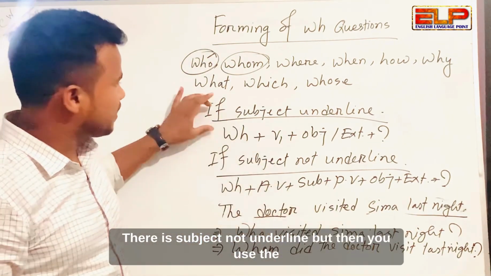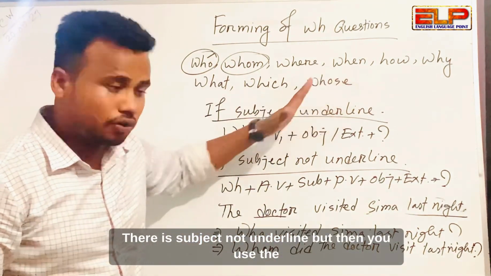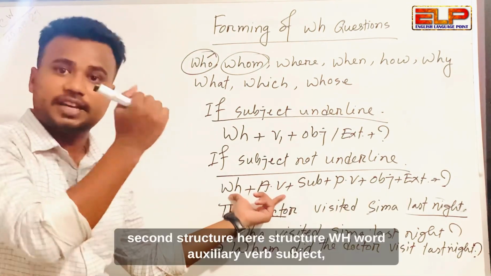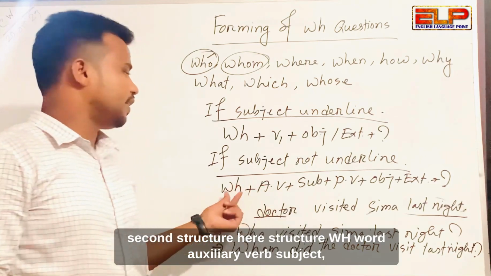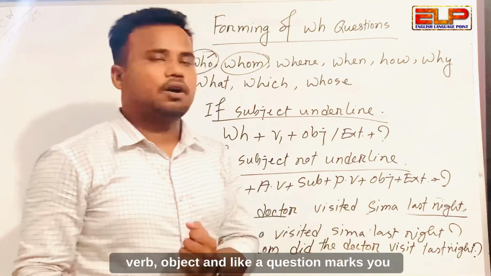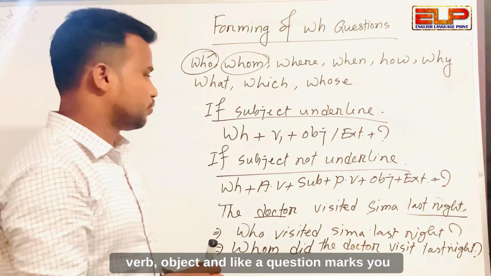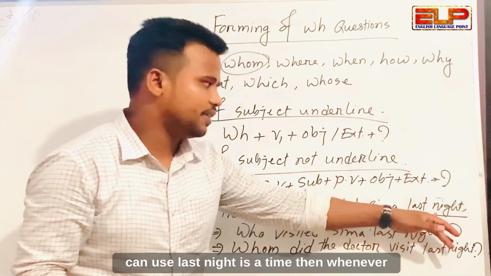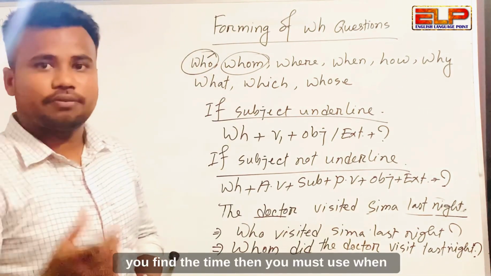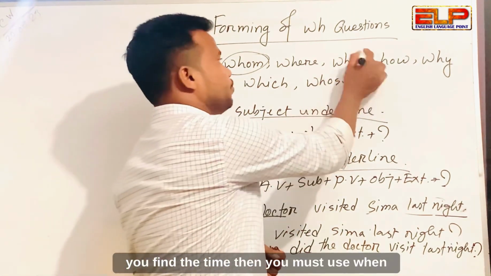The subject is not underlined, so you use the second structure: WH word, auxiliary verb, subject, principal verb, object, and the question mark. Last night is a time, so whenever you find a time, you must use when.